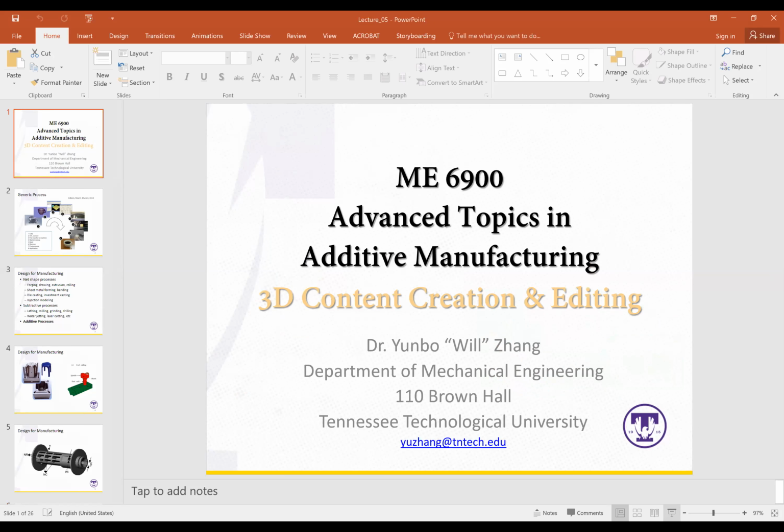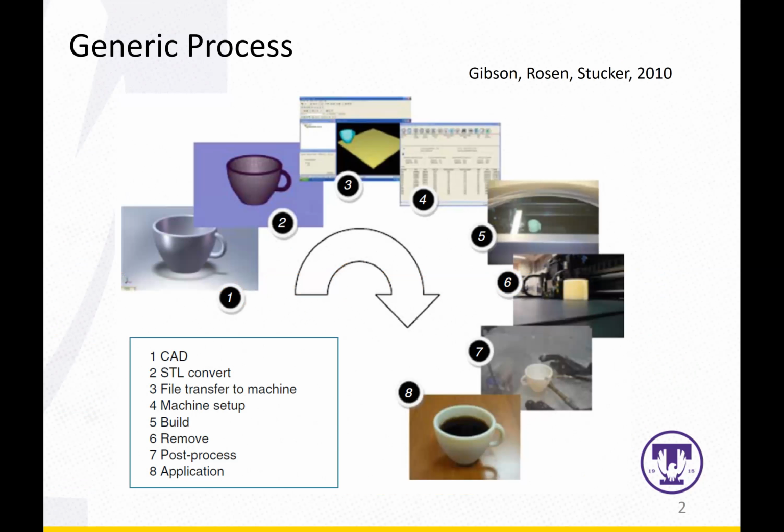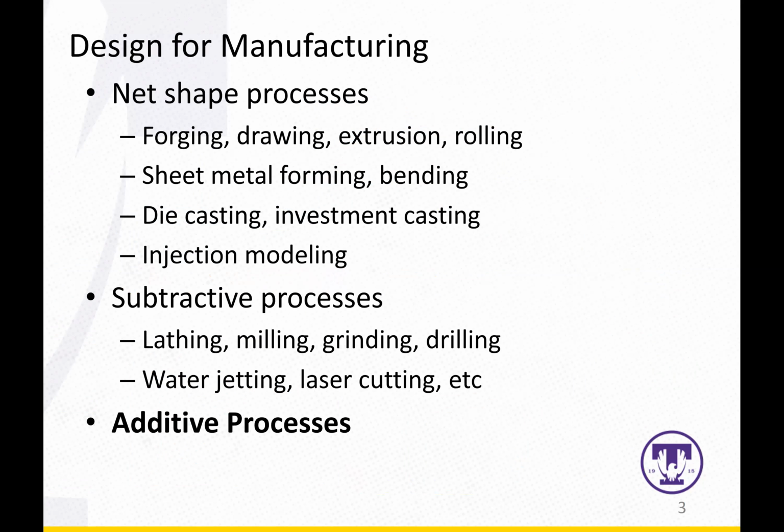So for the 3D content creation and editing, again, this is the generic process for additive manufacturing. If we talk about design for additive manufacturing, that is quite similar to what we usually call design for manufacturing, right?